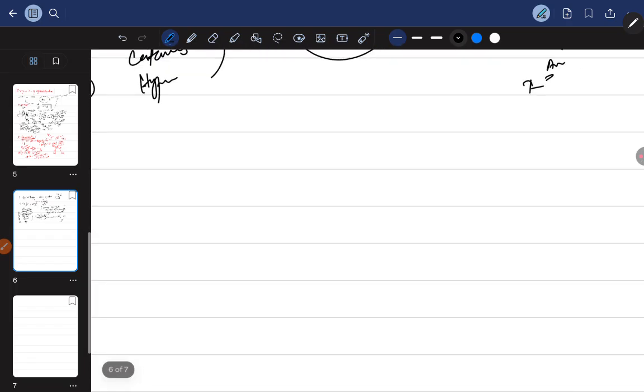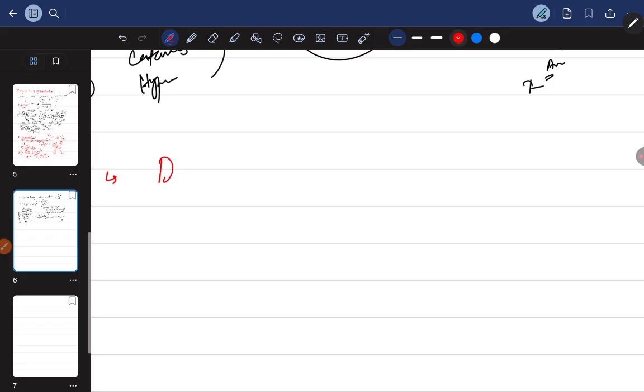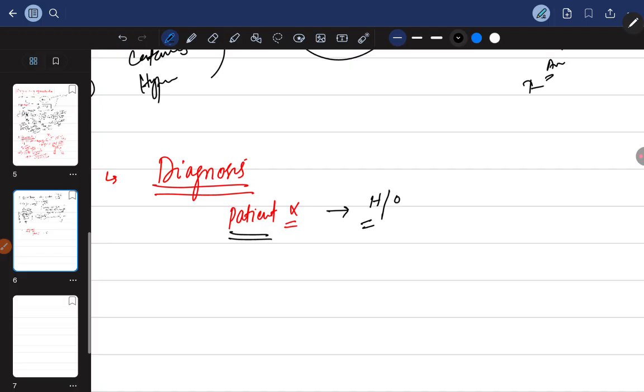Now the most important part is diagnosis. For diagnosis, remember, whenever a patient comes to you, how will you evaluate this case? First of all, you will take the history. In history you will see whether there are any tetanic seizures.